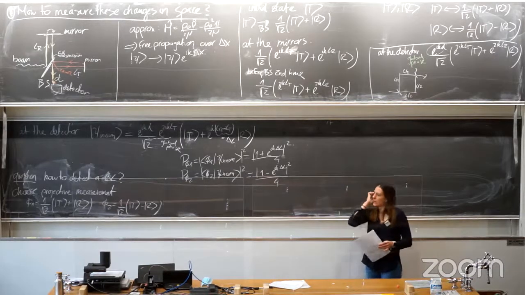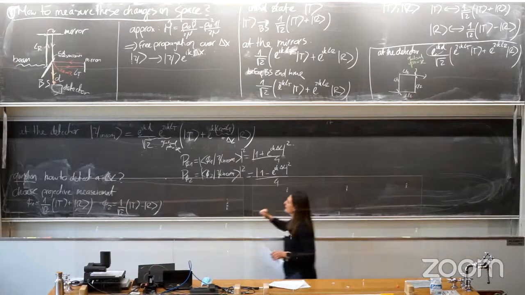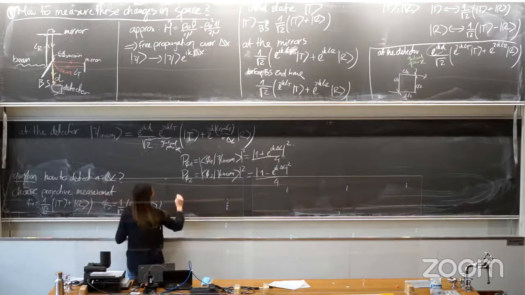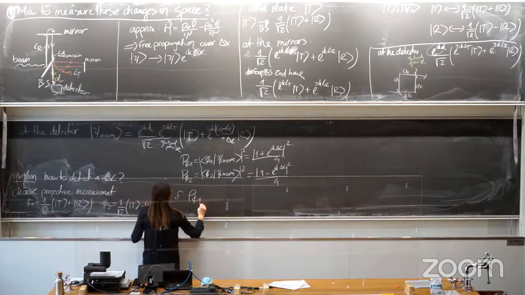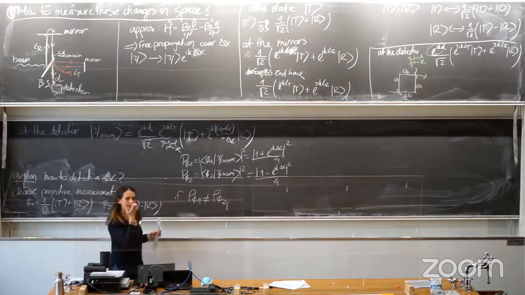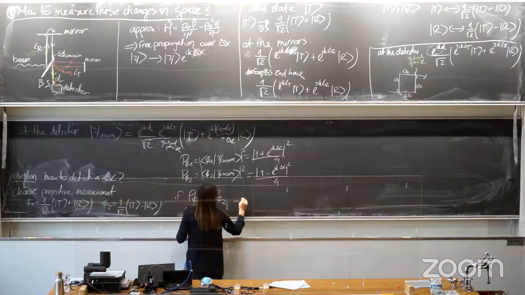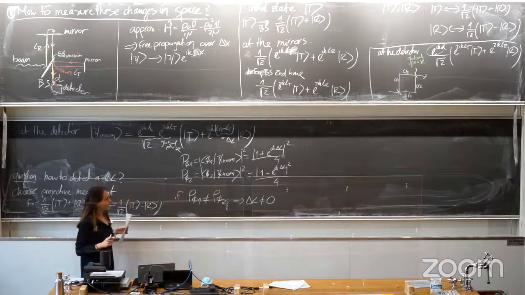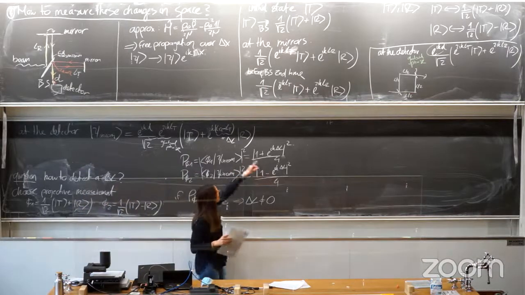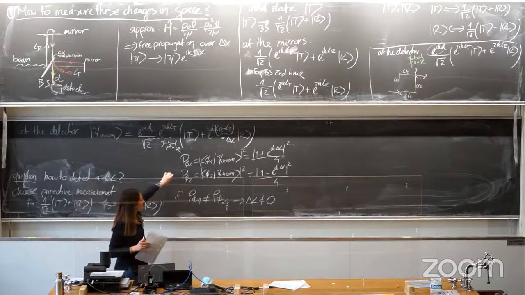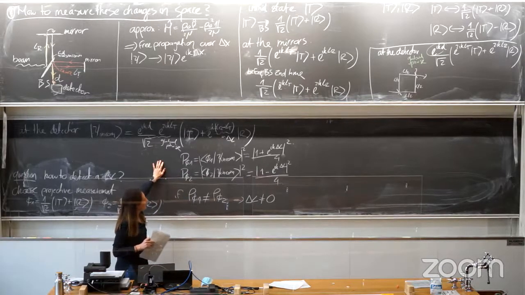So how can you detect if there is a difference in the length of the path? If the probability of one is different from the other, then it means delta L is unequal to 0. If we have delta L equal to 0, the two probabilities are exactly the same. No, actually, wait.